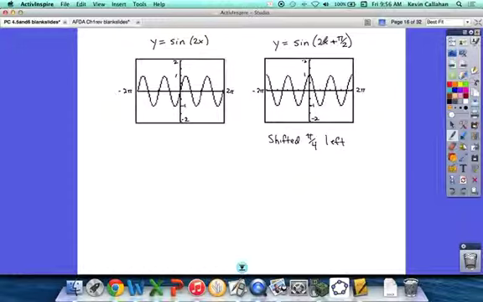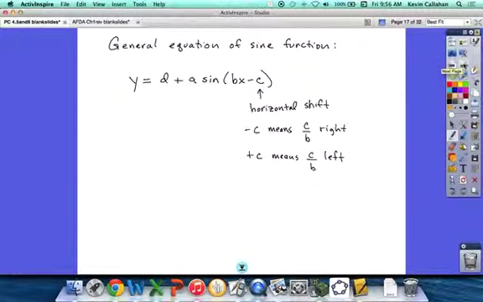That's how you get the horizontal shift. And if it's a minus, that means to the right. If it's a plus, that means to the left. So that explains all 4 of those constants and how they affect the graph.